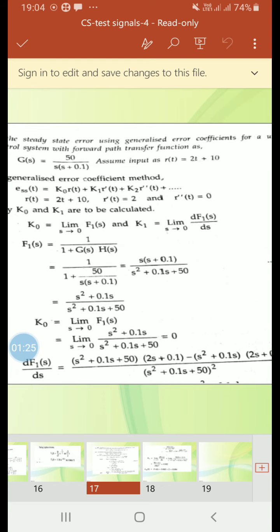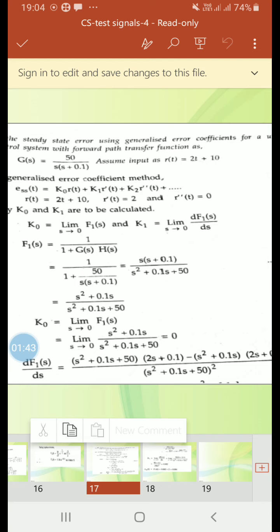Similarly, r''(t) is the double differentiation of r(t), so that will be 0. r'(t) is the differentiation of r(t), and r''(t) is the differentiation of r'(t). So is it clear?